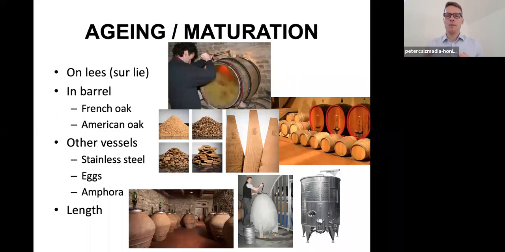The smaller the barrel, the smaller amount of liquid is in contact with larger amount of wood, so it will be more intense. You see a collection of barrels on the right-hand side in the middle row. For example, you will see a very large barrel called the Botte, B-O-T-T-E, that is normally 2,000, 3,000, 5,000 liter barrels from Italy.